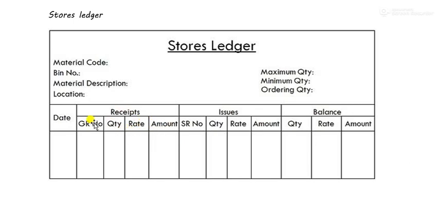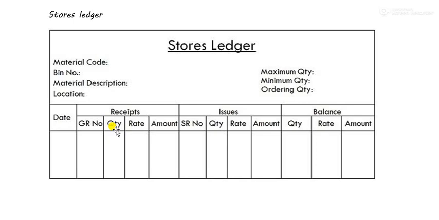Now coming to the other columns, quantity. Whenever we are purchasing in this chapter, it's not like we bought goods for 50,000. No, it will be like a person bought 50 units for 100 rupees each. So for receipt, we are purchasing, so quantity 50 means 50 units.